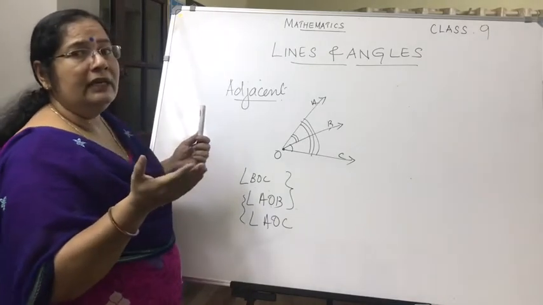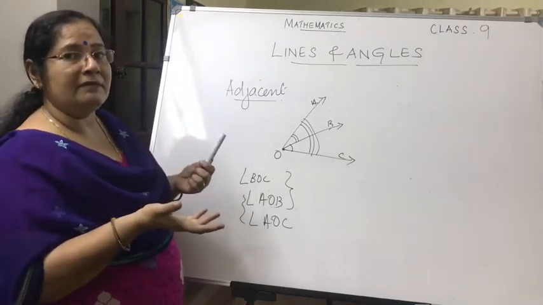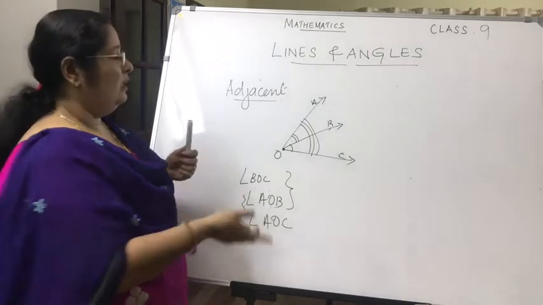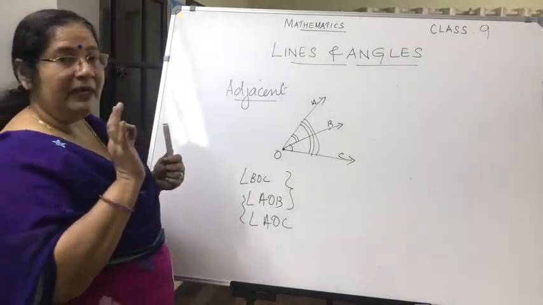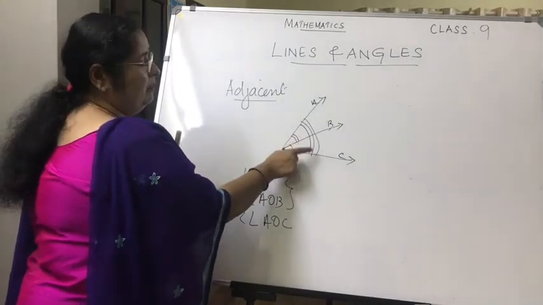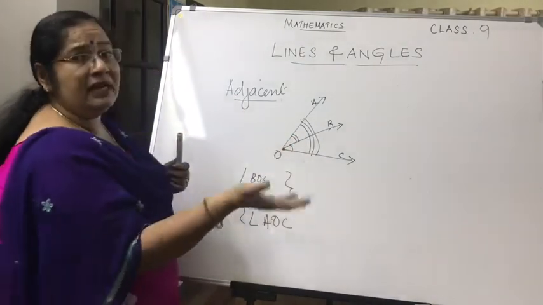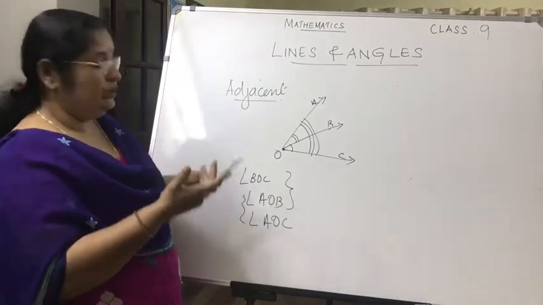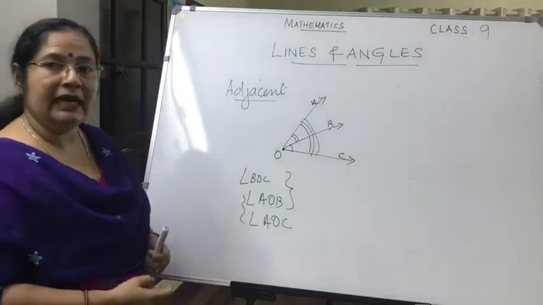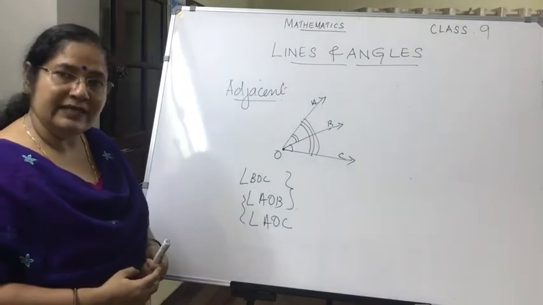Now what about the non-common arms? Which are the non-common arms? OB and OC. Where are they placed? Both of them are placed on the same side of OA. Is it on either side? No. So will angle AOB and angle AOC be called adjacent angles?